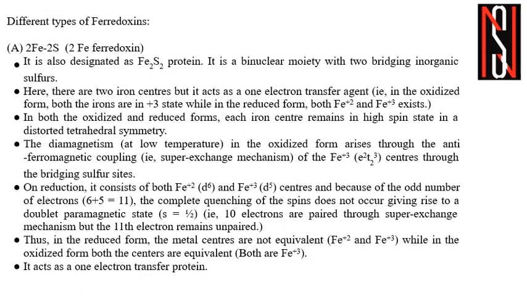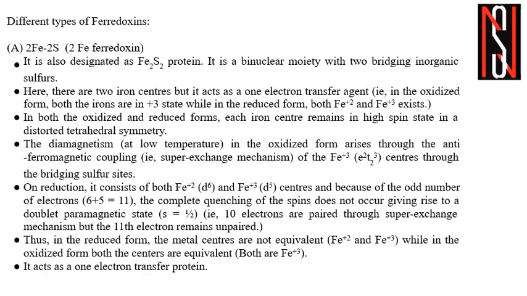So therefore it is the super exchange phenomenon, or you can call it the antiferromagnetic coupling. Whereas in the reduced state, one iron is in the +2 oxidation state and the other iron is in the +3 oxidation state. So in one iron there will be a total of 6 electrons, and in the other iron there will be a total of 5 electrons.